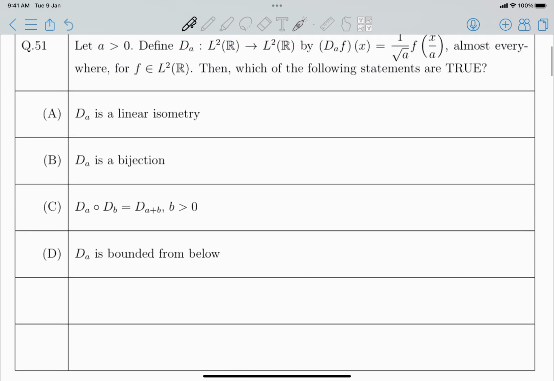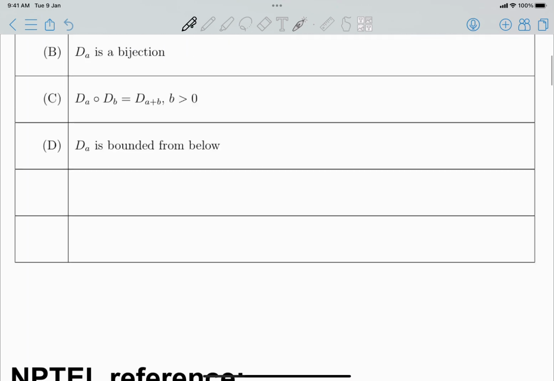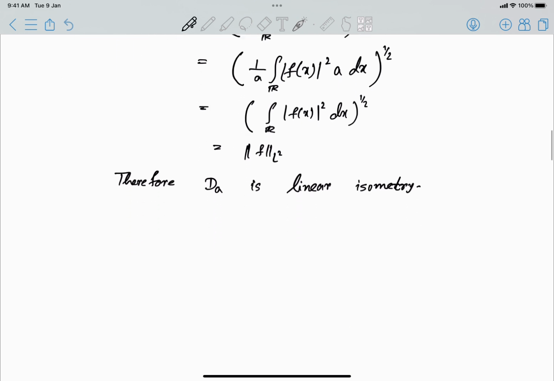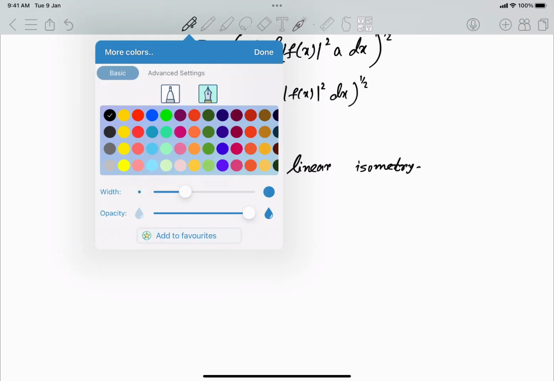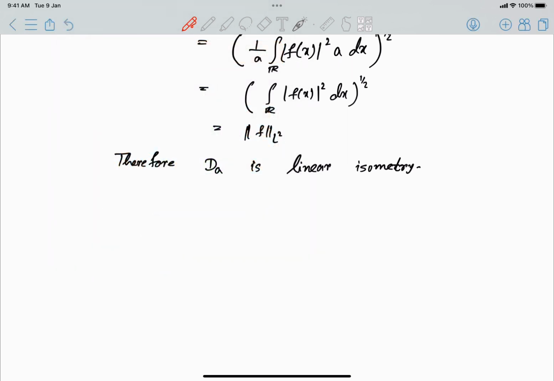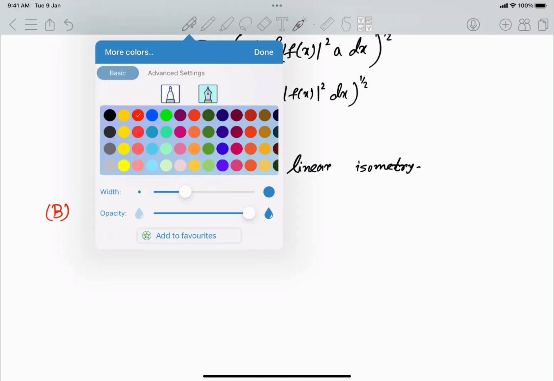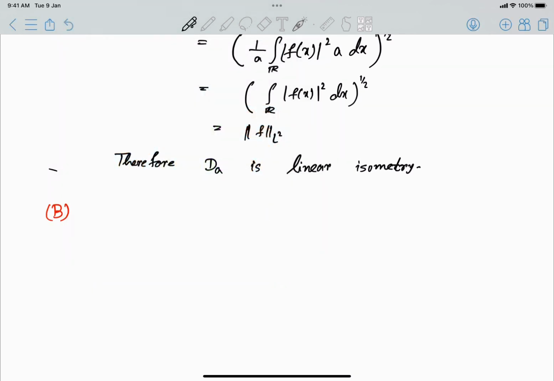So next, you have to check that dA is a bijection. So to check dA is a bijection, you have to check whether dA is one-one and onto or not.